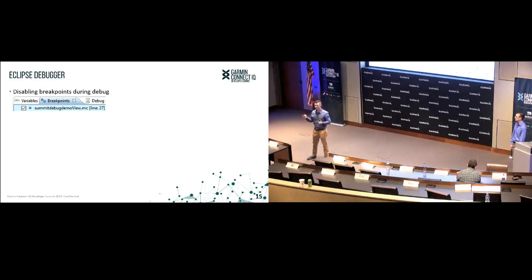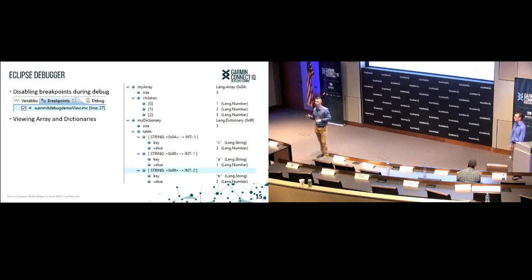Pretty straightforward. Another thing I want to mention is viewing structures in the memory or the variables tab here. So here's an example of an array and a dictionary, what those would look like. I'm showing this mostly because you've all read the documentation, of course, and you came across the part that said dictionaries are not guaranteed to be stored in the order in which you added them.